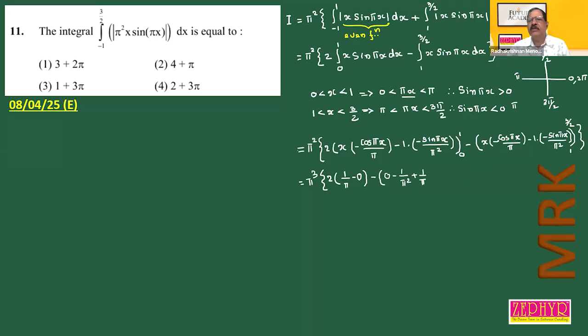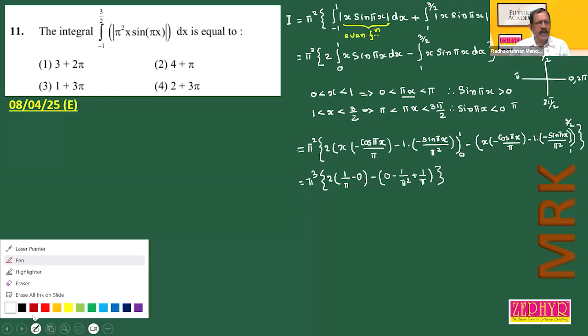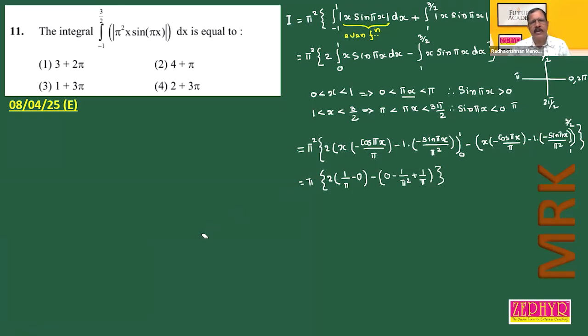Cos pi is minus 1, so minus cos pi is plus 1, so 1 by pi. Now, for the lower limit, the second term sin pi will be 0. So simplify. Here it is not pi cube, it is pi squared. Sorry, here it is pi squared.